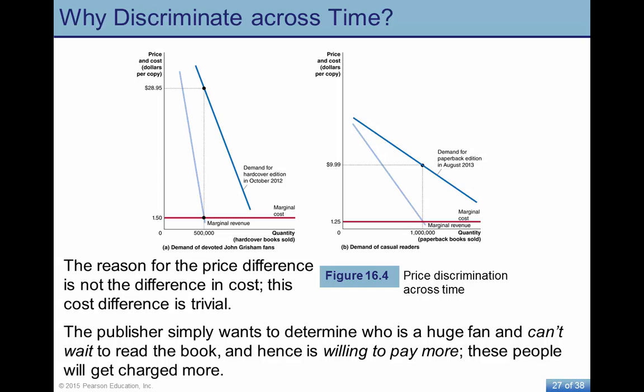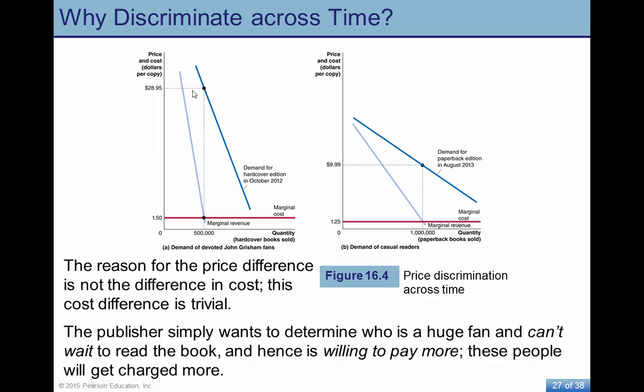Look at chart A and chart B. You can see in panel A the demand of devoted John Grisham fans. Demand for his book is inelastic.